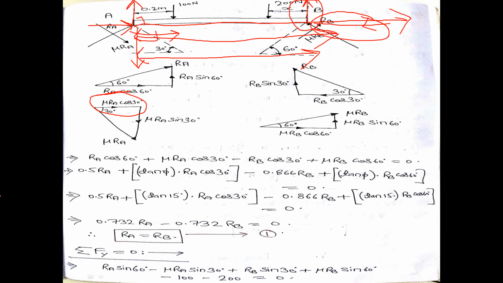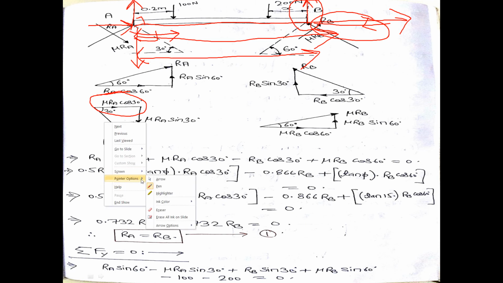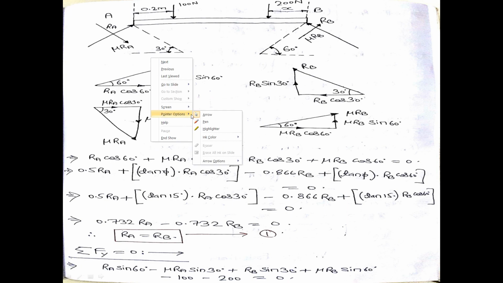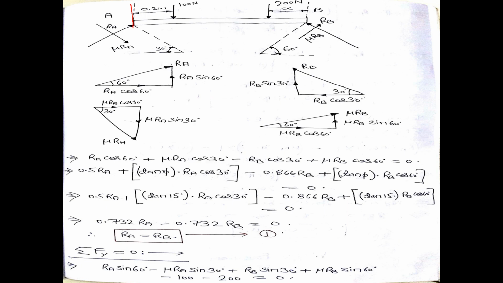Okay, so let us write down the moment equation. This component I am taking is RA sin 60 into this length about point B, and the entire length given in the problem is 1 meter. So RA sin 60 into 1. But whether it is a clockwise or anti-clockwise moment matters, because if we are taking clockwise positive, we have to take anti-clockwise negative.